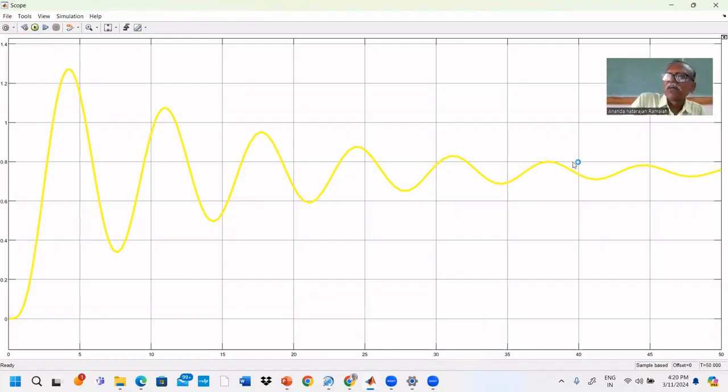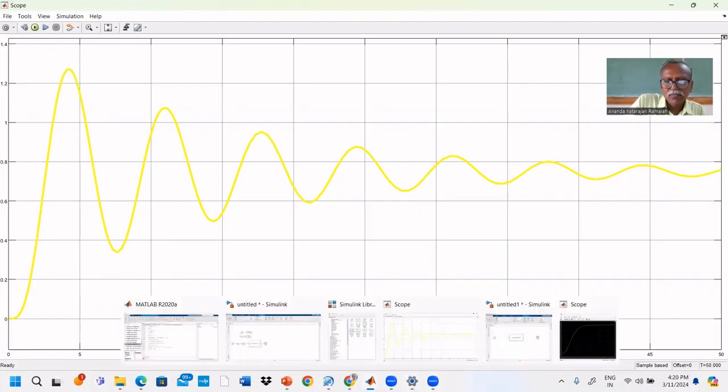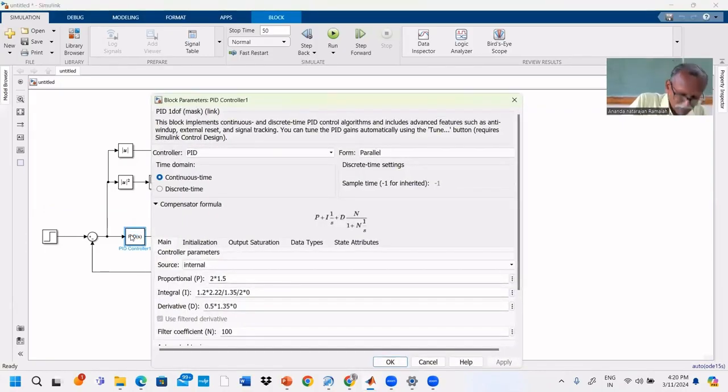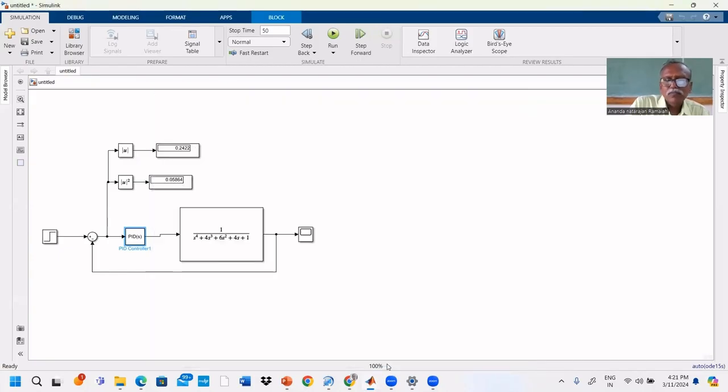Now let us give 5. What happens? Let us multiply it by 3. 6, I am giving.